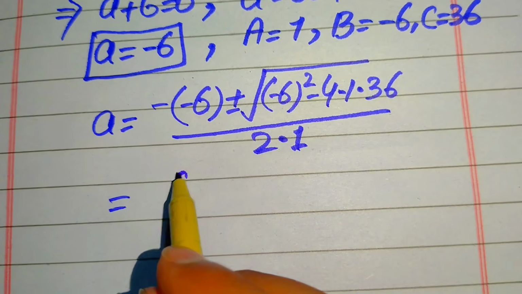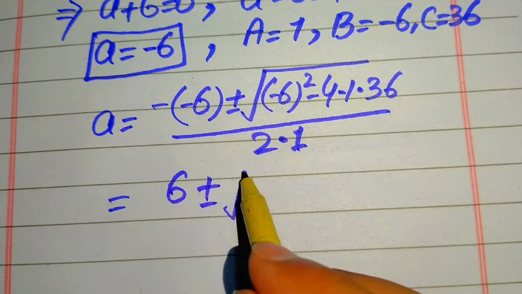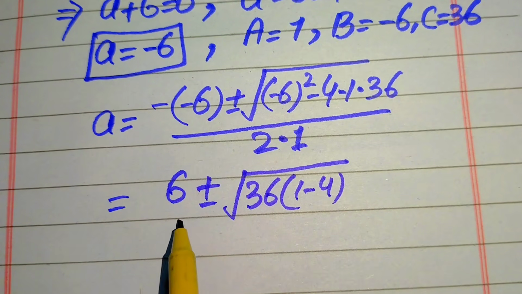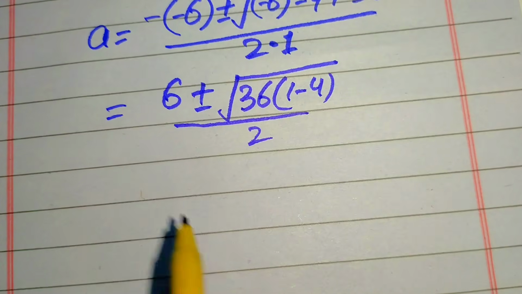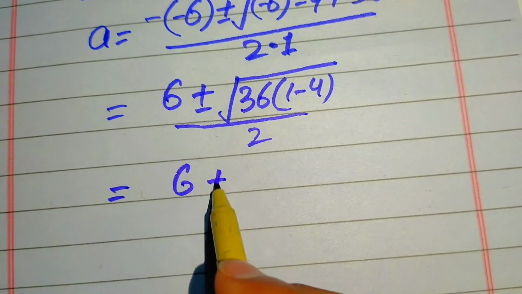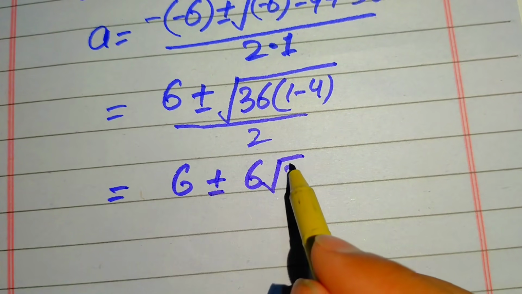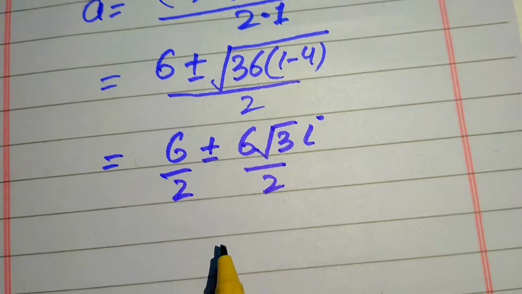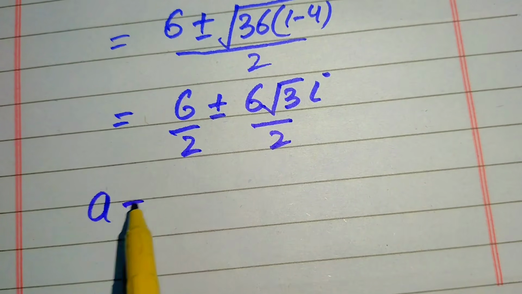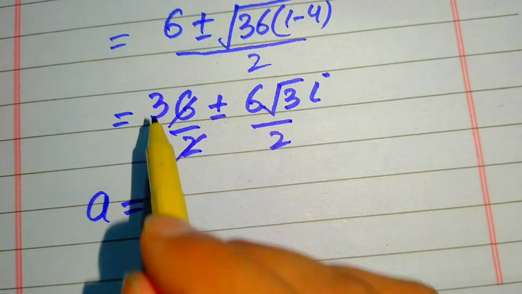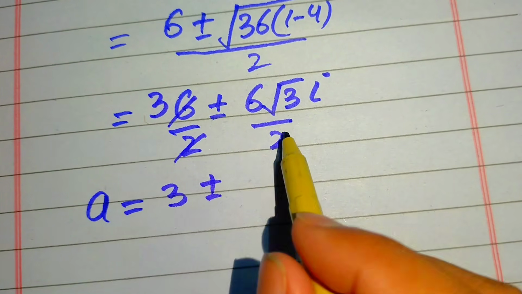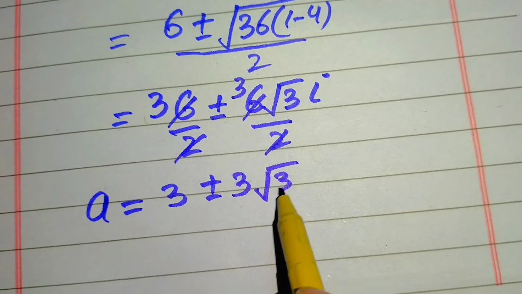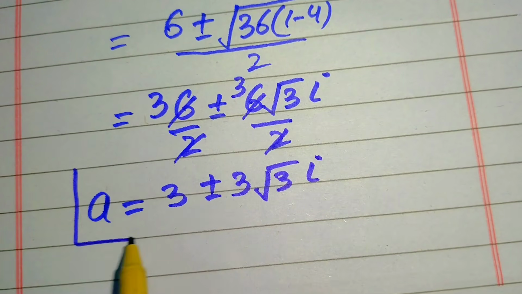So this is minus times minus becomes plus 6 plus minus square root of, here we have, this is 36 times 1 minus 4 divided by 2, and after a little bit of simplification we get 6 plus minus 6 times square root of 3 into iota, and we break this fraction and we write these two separately on both of these two values, and finally we have 2 times 3 becomes 6, this is 3 plus minus, this is also 2 times 3 becomes 6, we get 3 times square root of 3 into iota.